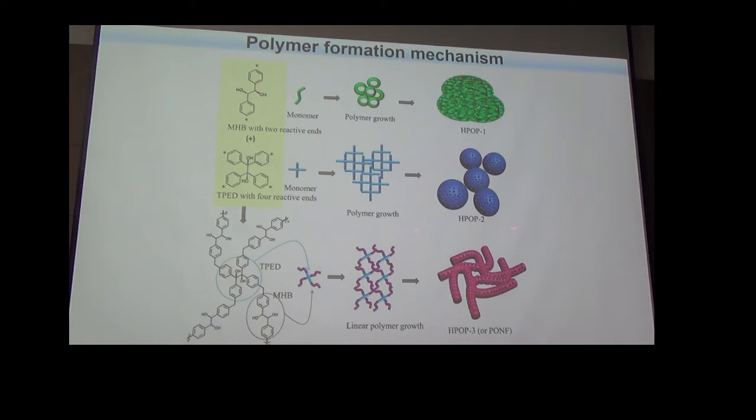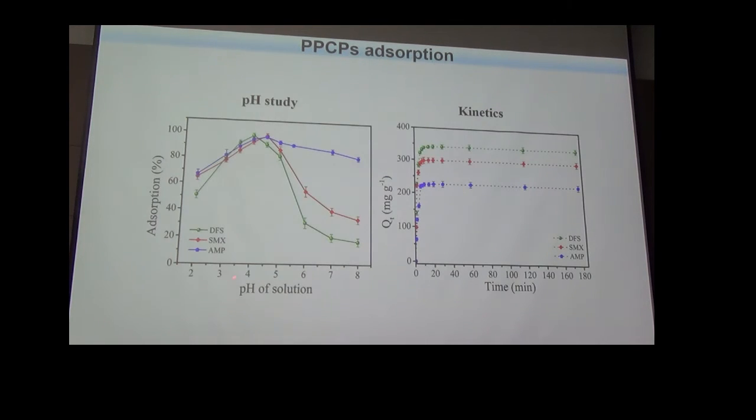Further, these three materials were used for the adsorption of PPCPs. In the adsorption studies, we obtained a high adsorption capacity for PONF compared to the HPOP1 and HPOP2, so I have shown only the PONF here.